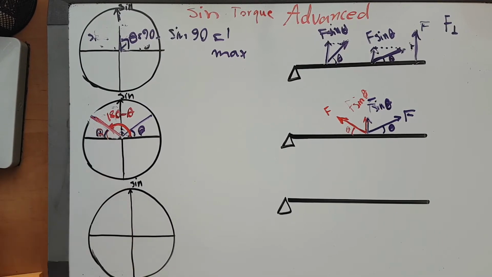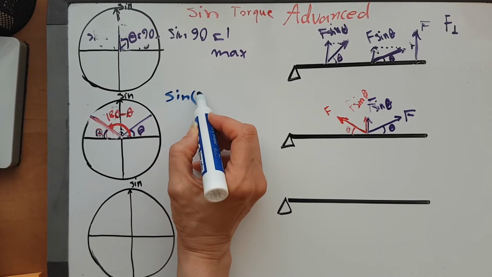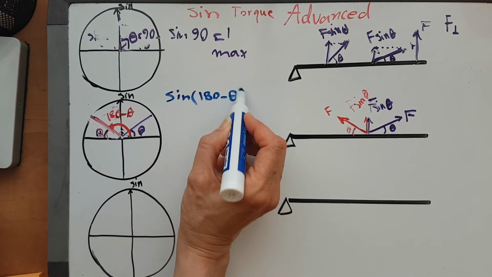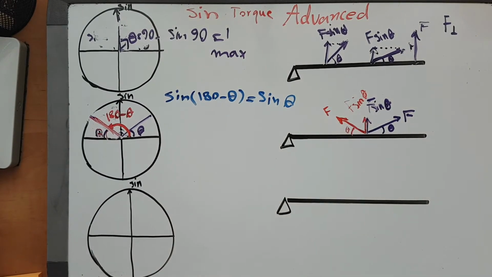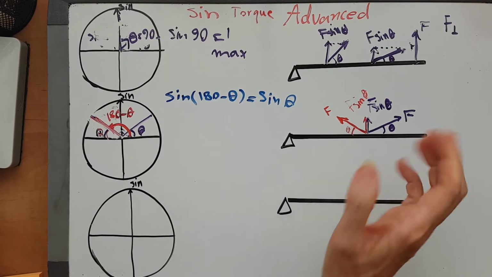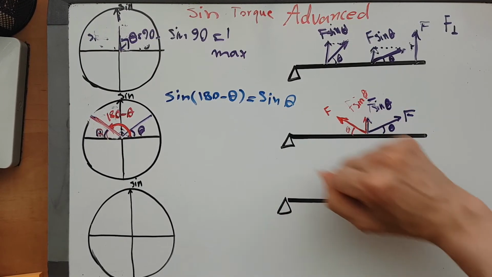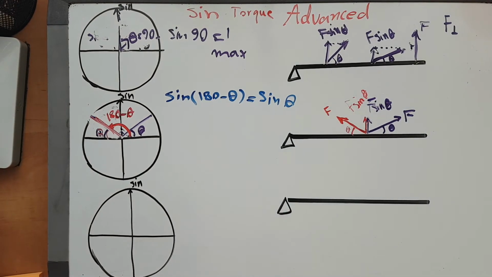So sine of 180 minus theta equals sine of theta. And this is the same thing in reality. If you want to push it like this or like this, it doesn't matter. Always this component is the one that causes a torque for you.